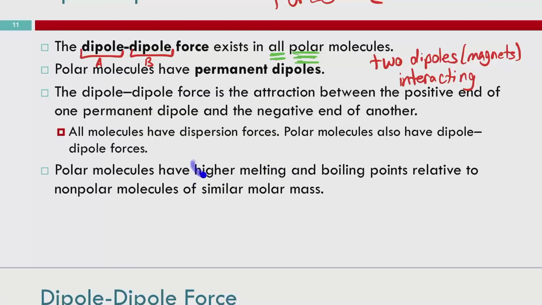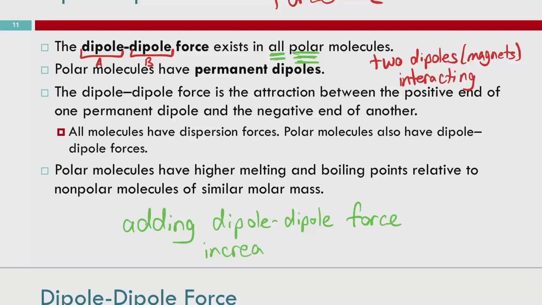Polar molecules have higher melting and boiling points relative to nonpolar molecules of similar molar mass. Adding dipole-dipole force increases melting point and boiling point because the intermolecular forces are stronger.